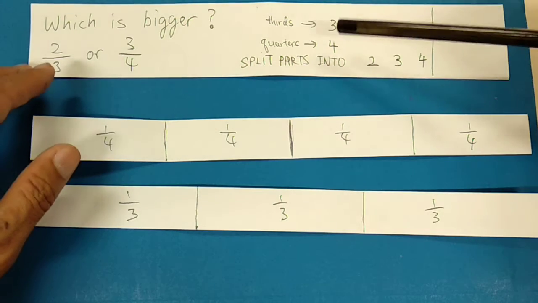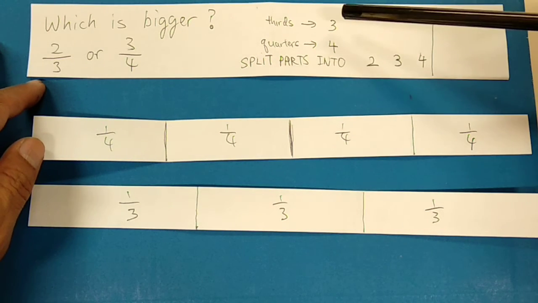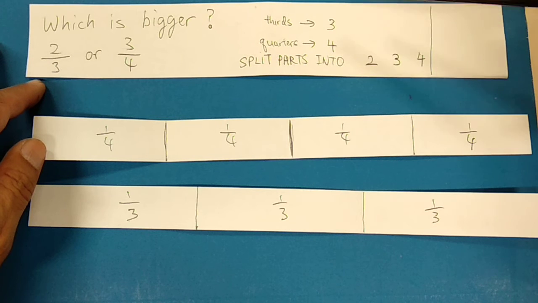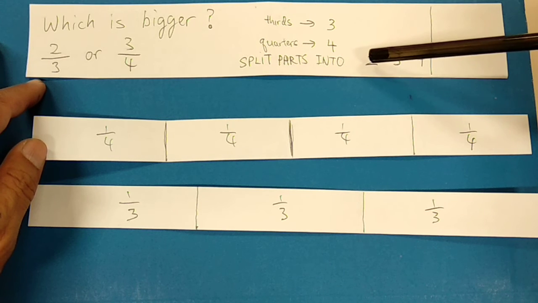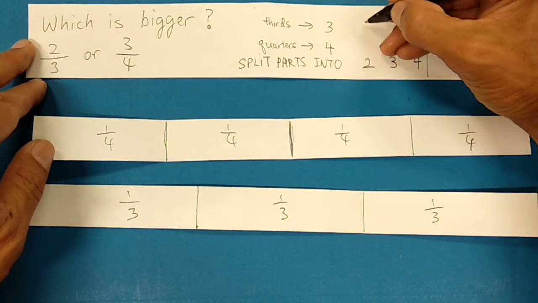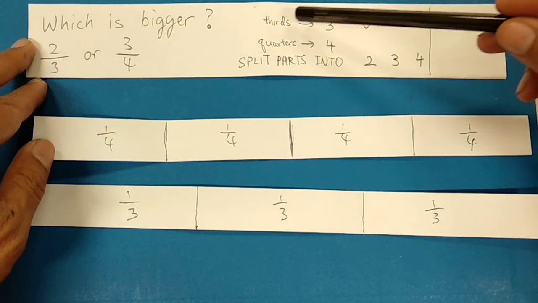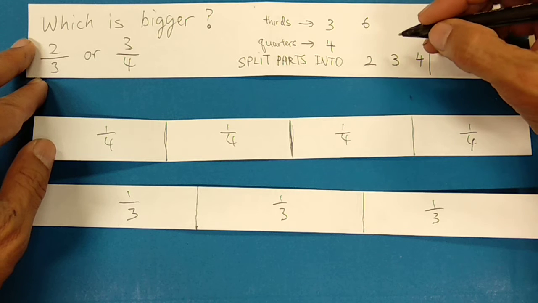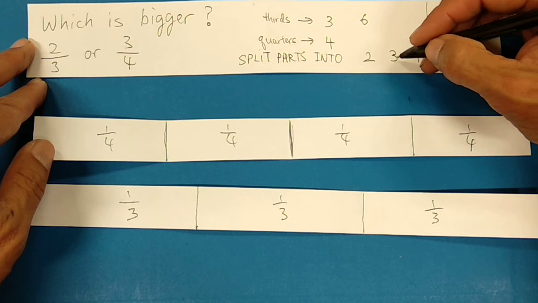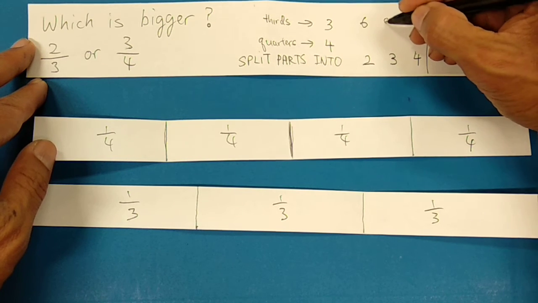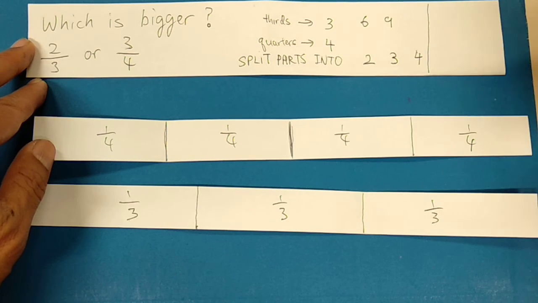So here's what happens. Now if I split each of the thirds into two parts, I will end up with 6 total parts. If I split each of the thirds into 3 equal parts, I will end up with 9 total parts.